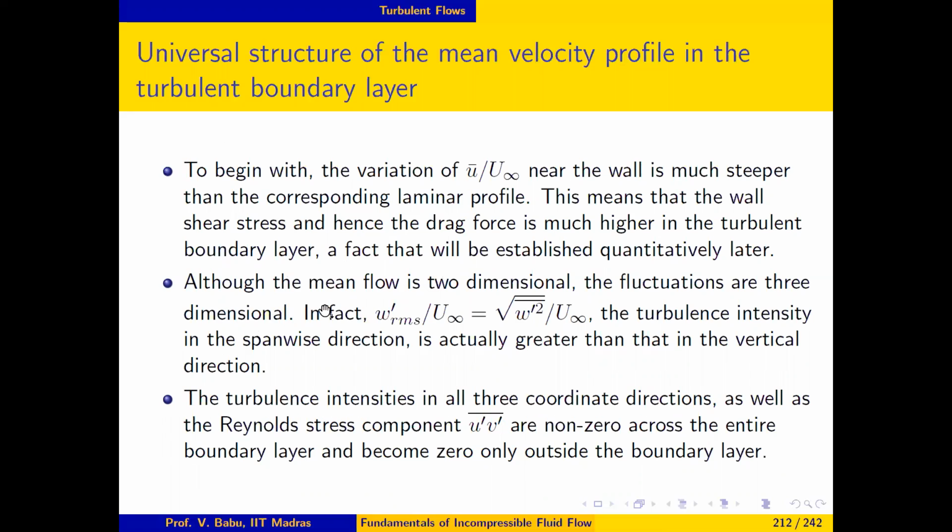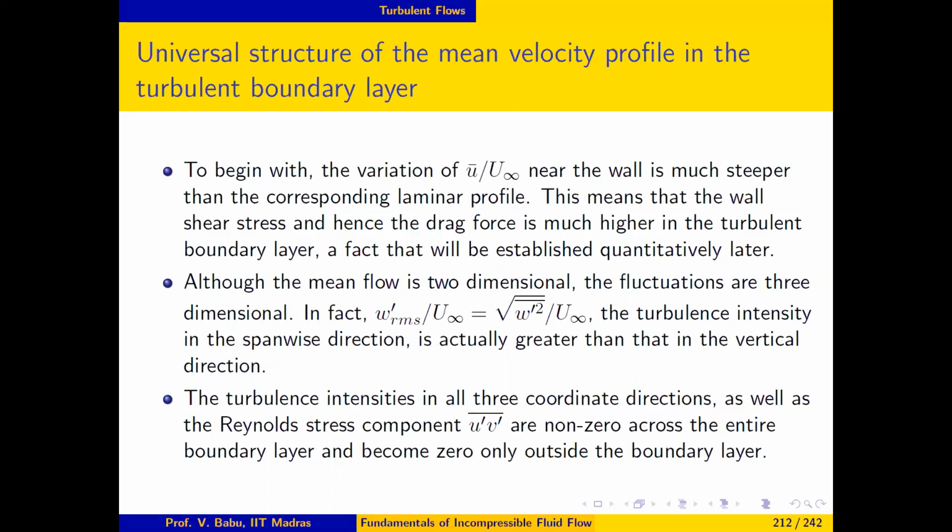The second important observation is the following. The mean flow in this case is two-dimensional because it is just boundary layer flow over a flat plate. So we expect only two of the three velocity components to be significantly different from zero. For instance, the axial component is significantly different from zero, and the y component, as we had shown in our laminar boundary layer analysis, is less than the axial component, but still non-zero.